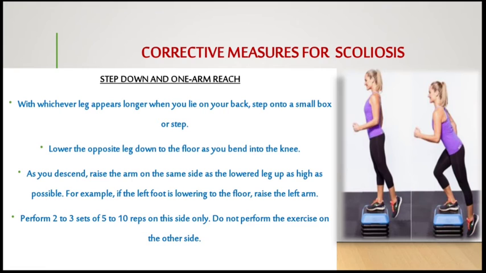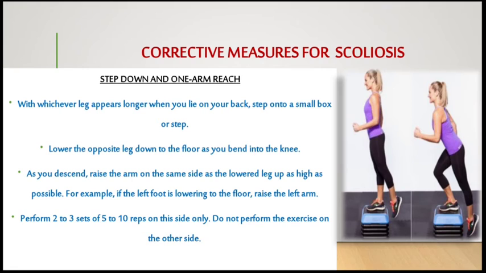First you step on the stairs or any kind of equipment, like a bench or table, of minimum height. First you take one step, then take the second step in the air, then reach your opposite side hand to stretch upward. So I am telling you how to do this exercise.